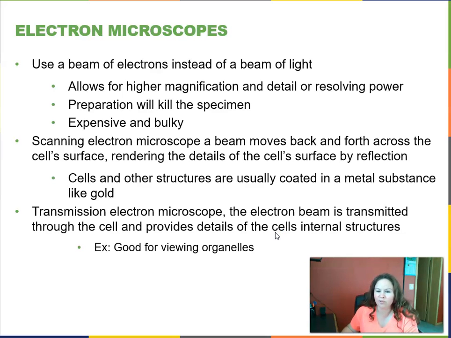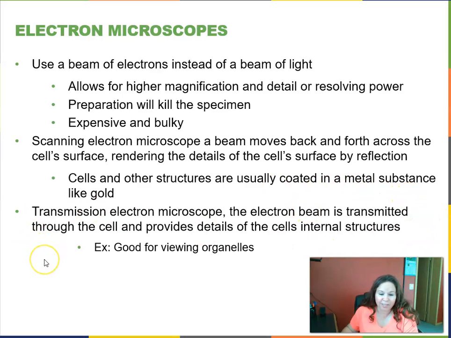A scanning electron microscope, there's a few different kinds. Of this type has a beam that moves back and forth across the cell surface, and it renders the details of the cell surface by reflection. You have to cover your specimen in a substance that's made of metal like gold, but it does give you a good view of the surface of the thing that you're looking at.